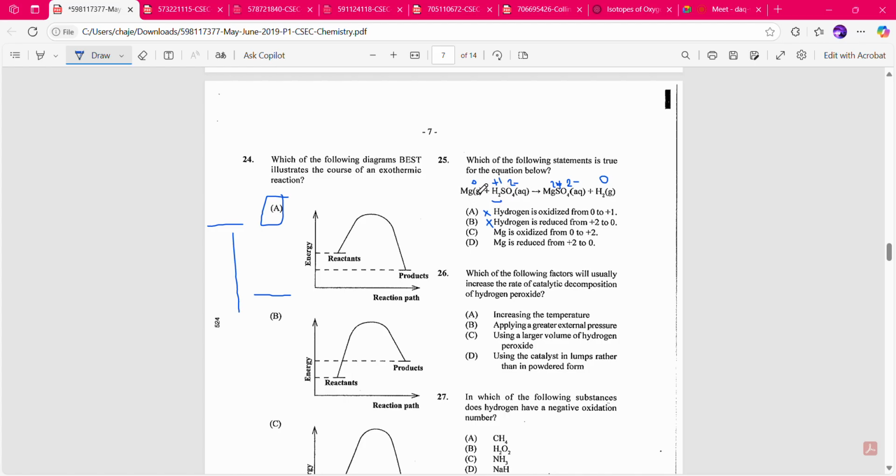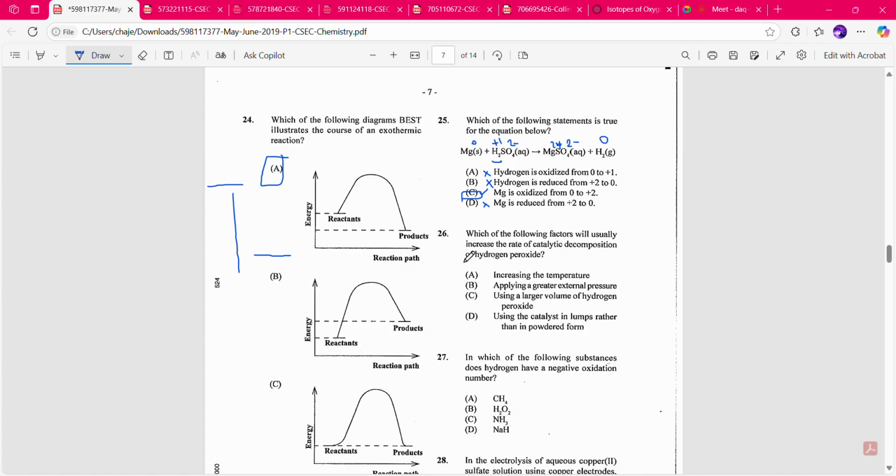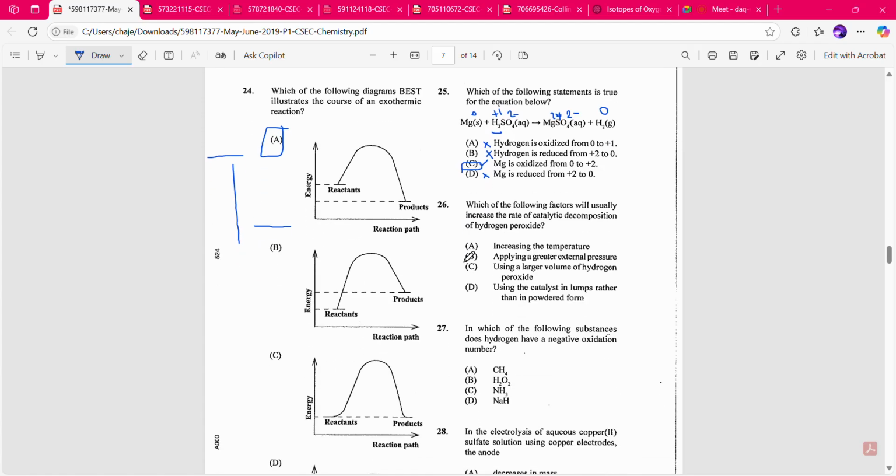Magnesium is oxidized from 0 to +2. Yes, that is correct. Oxidation means an increase in oxidation number. Magnesium is reduced from +2 to 0. That's wrong. Right, so 25 is C.